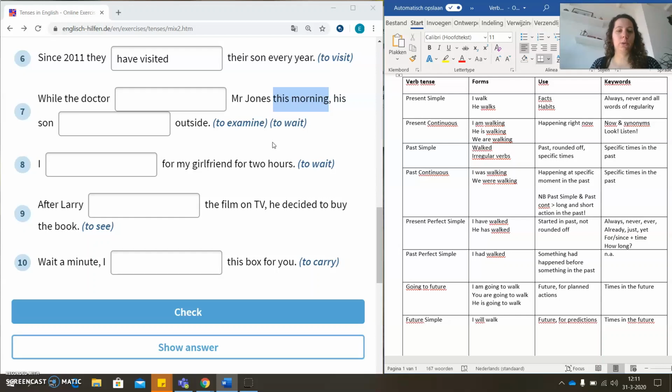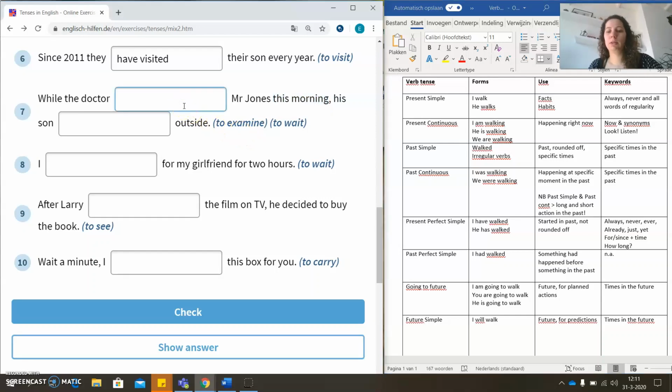Well, let's read the sentence as a whole. While the doctor, and then something with examination, Mr. Jones this morning, his son, and then something with waiting outside. So the son was only waiting for as long as the doctor was examining Mr. Jones. That means that each of these are equally long, and they were going on at the same time, and they seem to find it very important that we were in the middle of this.